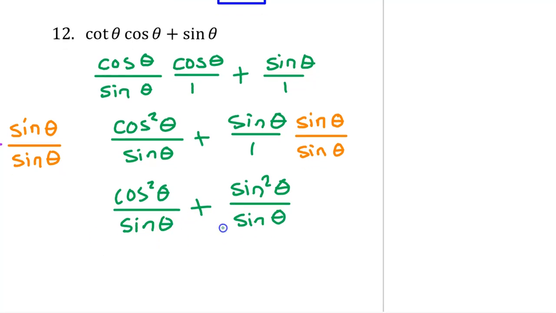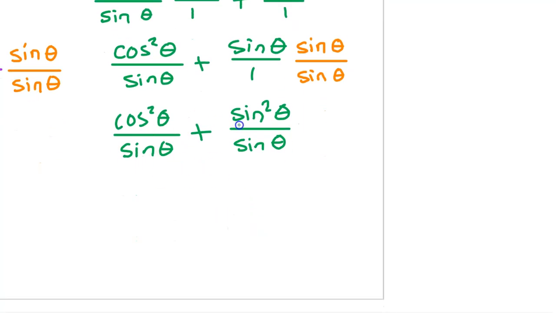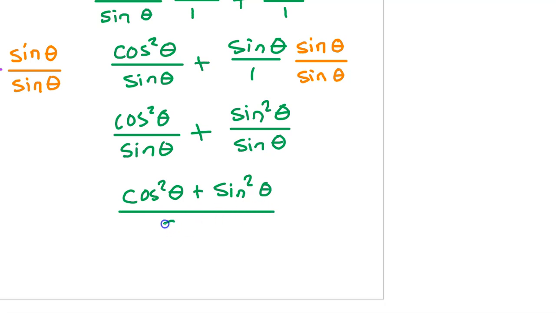Now we have like denominators, so we can put these together. And we will get cosine squared theta plus sine squared theta over sine theta.